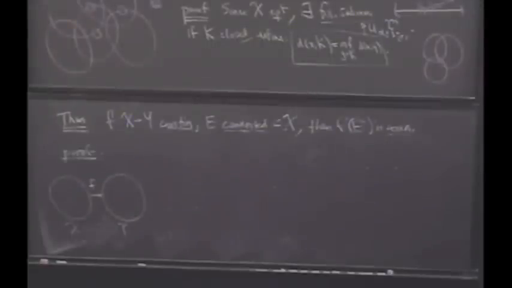Let's see. Oh, I have a connected space here. Here's a subset E, which is clearly connected. Maybe it's the state of California. Yeah, currently California's connected, but may not always be. Okay, great. So the claim is the image is connected.